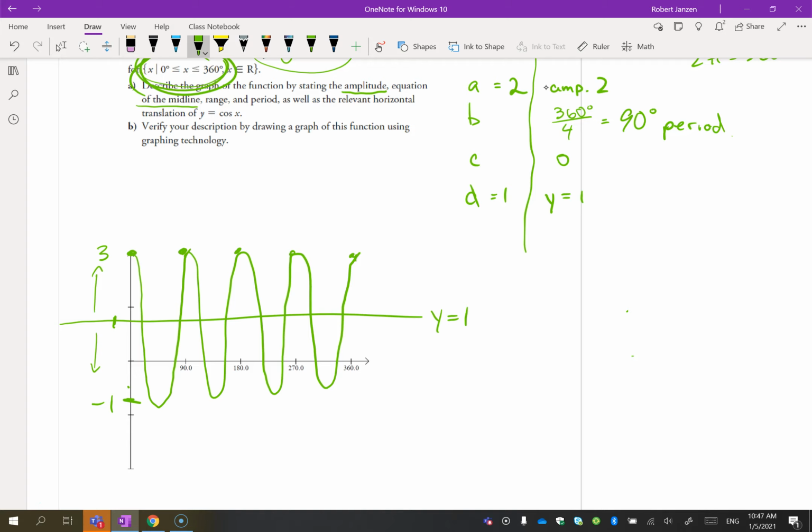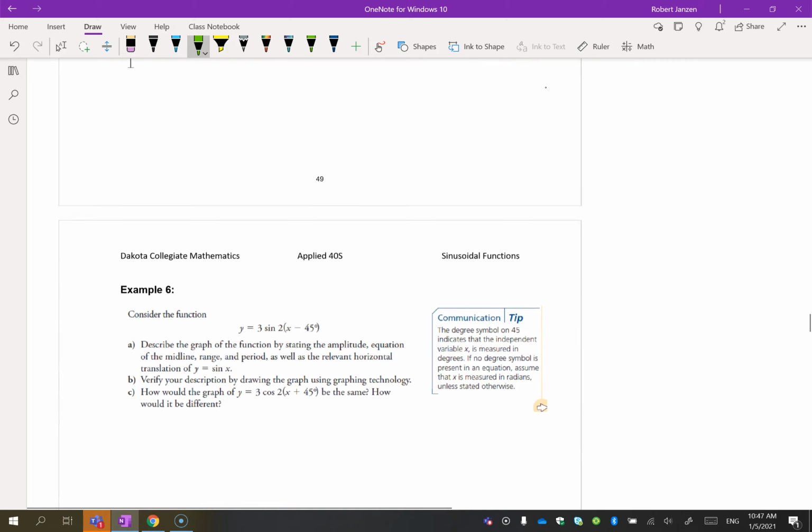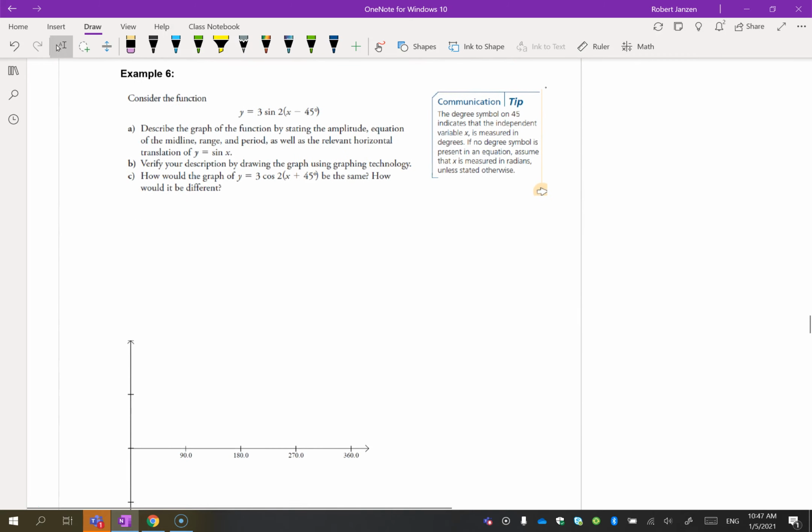Okay, so it should look like that. Goes down to -1 here, up to 3 there. Okay. All right.